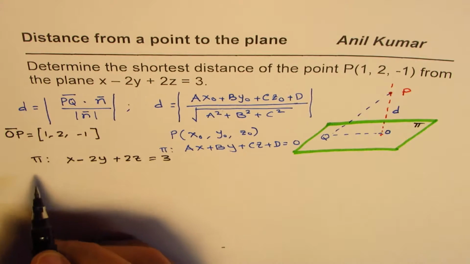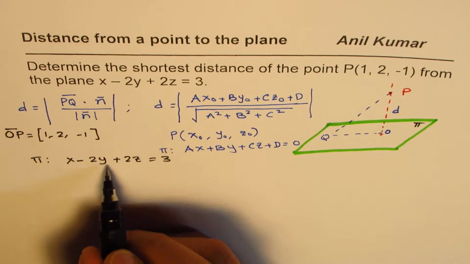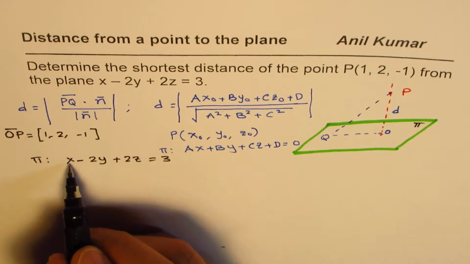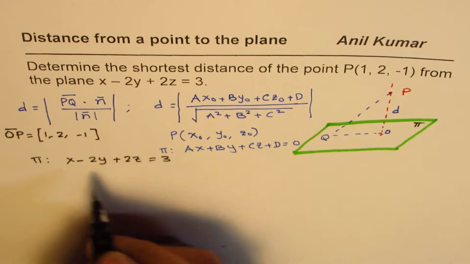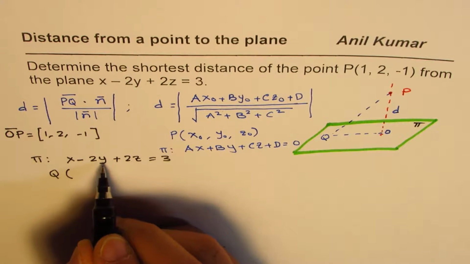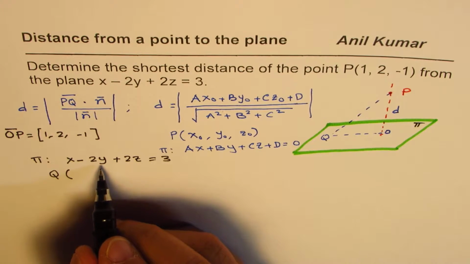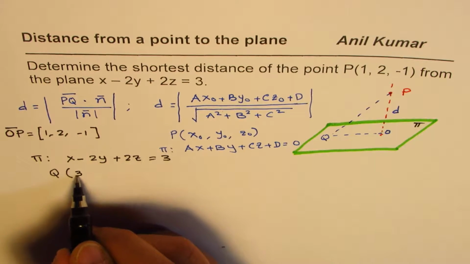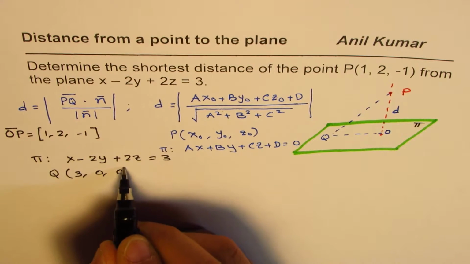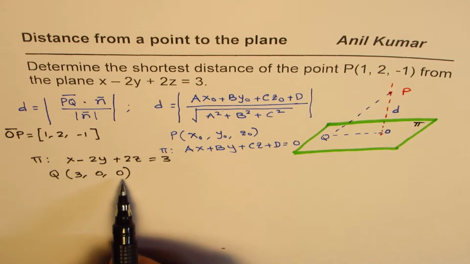So to find a point Q, we can select values. If I select y and z as 0, I get x as 3. So the point Q could be 3, 0, 0, right? I'm selecting these as zeros just for easy calculations. I've selected a point Q only for convenience.